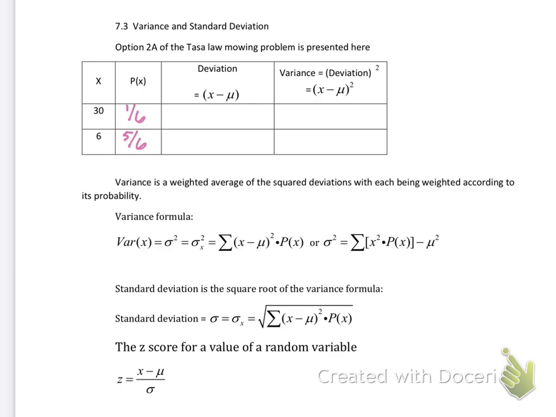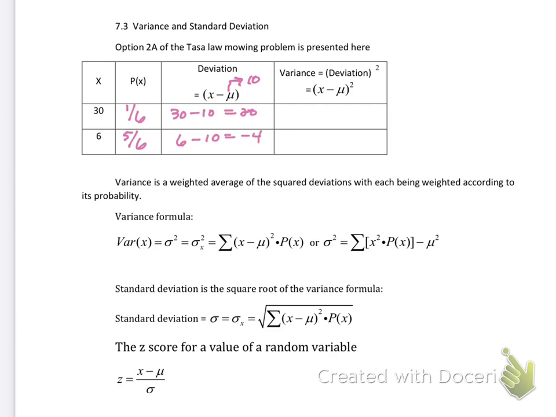This mu right here is the expected value, that's 10. So figure out the deviation from x to the expected value. 30 minus 10, that deviation is 20. And 6 minus 10, that deviation is negative 4.